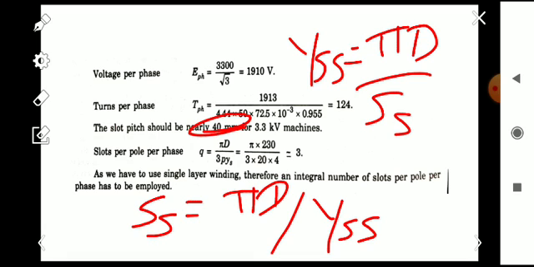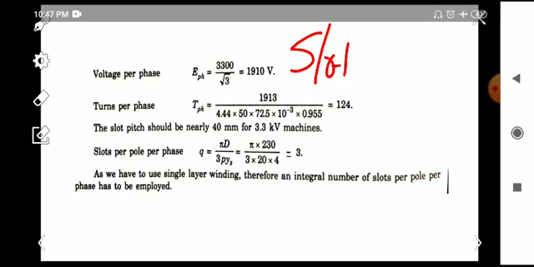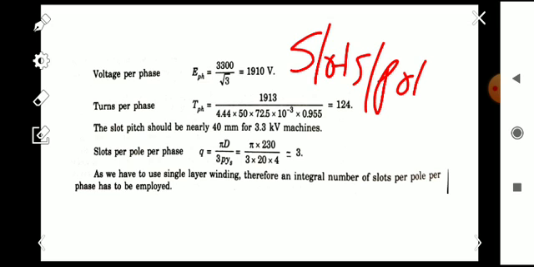Using this we can find the stator slots, or we can use another method. After finding the stator slots, we have to find the value of Q, that is slots per pole per phase.